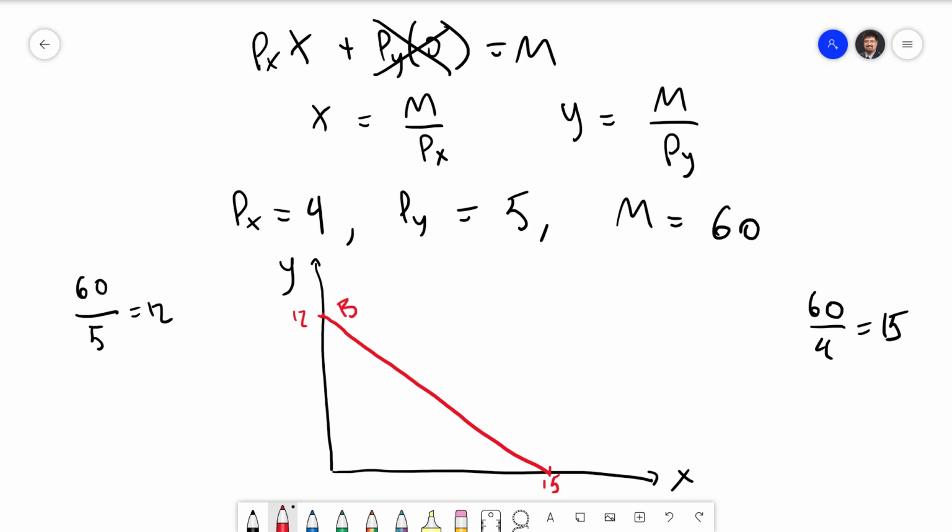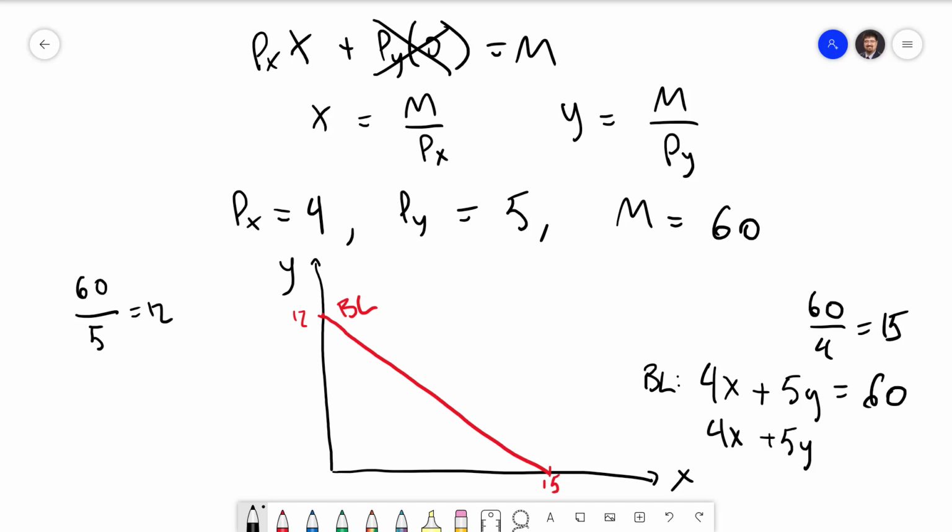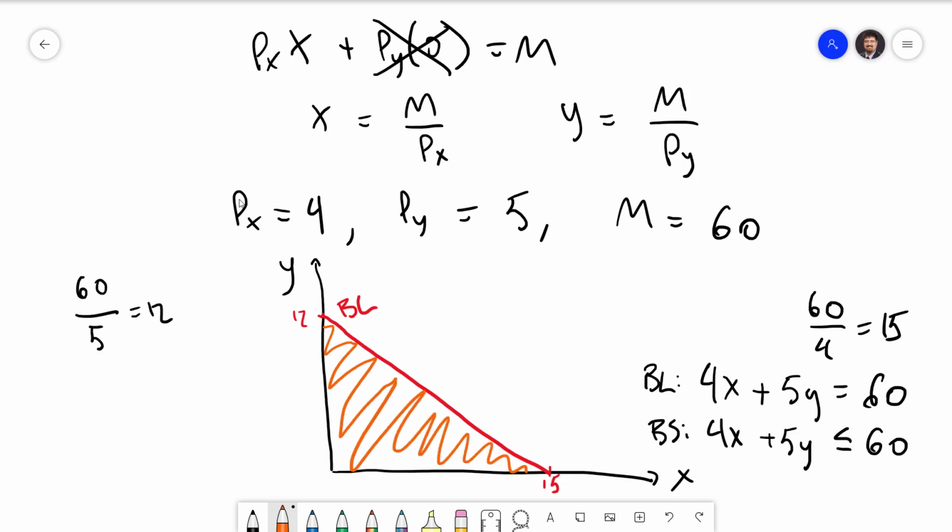This red line that I've just drawn, that's our budget line. Note the equation of our budget line is going to be Px times X, so that's going to be 4X, plus Py times Y, so 5Y equals M, which is 60. Our budget set is going to look very similar, but it's going to have less than or equal to 60. The budget set on the graph is going to be this triangle inside of the budget line.